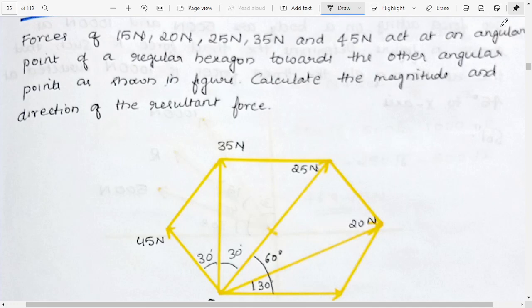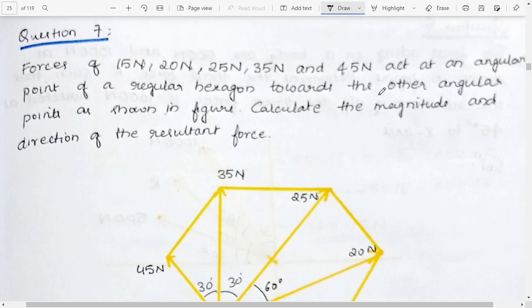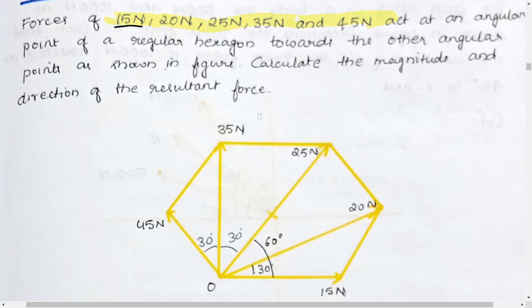So here we are given forces of 15 Newton, 20 Newton, 25 Newton, 35 Newton and 45 Newton acting at an angular point of a regular hexagon towards the other angular points as shown in the figure.